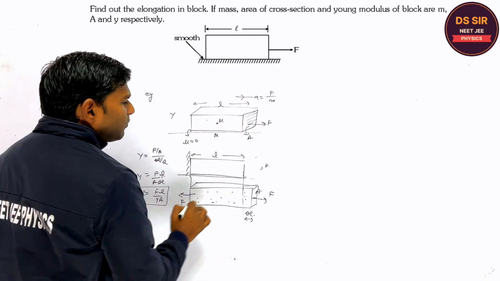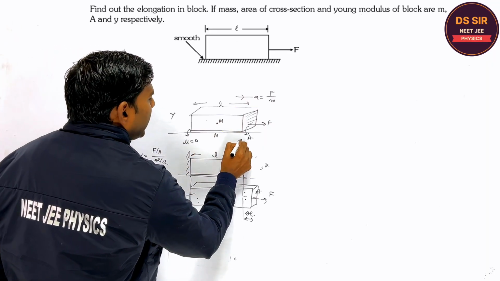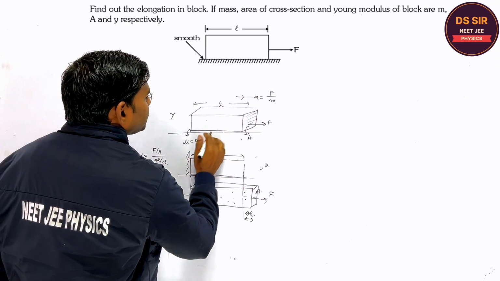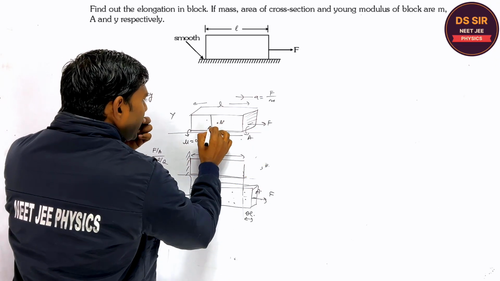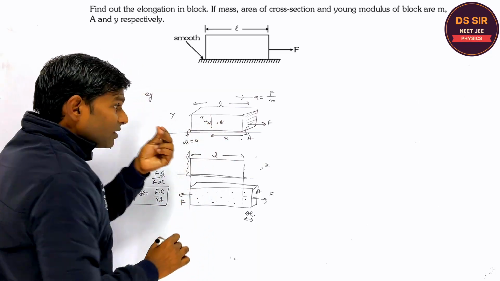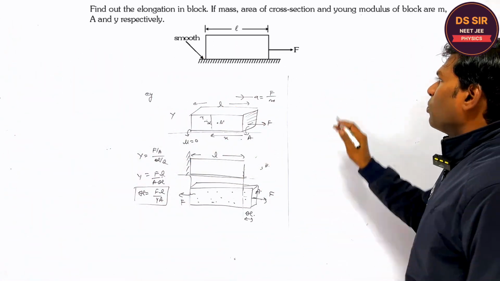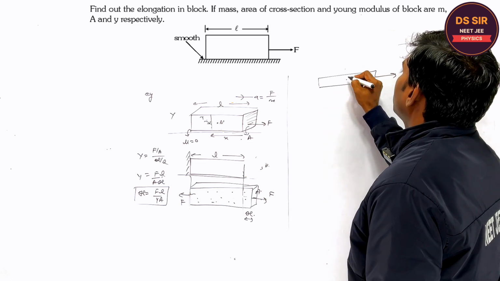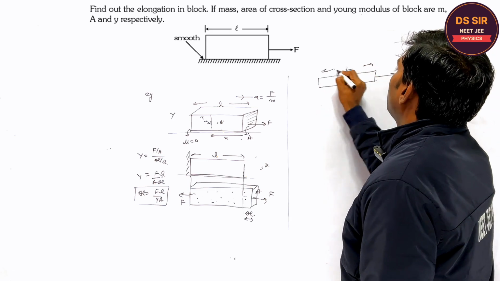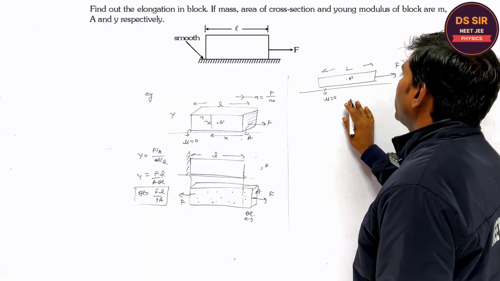So everywhere the force is F, but in this case, if you consider a portion at a distance x, suppose this is the mass M, can you write down the tension at this point? This question we have done in NLM. Suppose this is the rod of mass M, length L. The force F is applied, placed on the smooth horizontal plane.